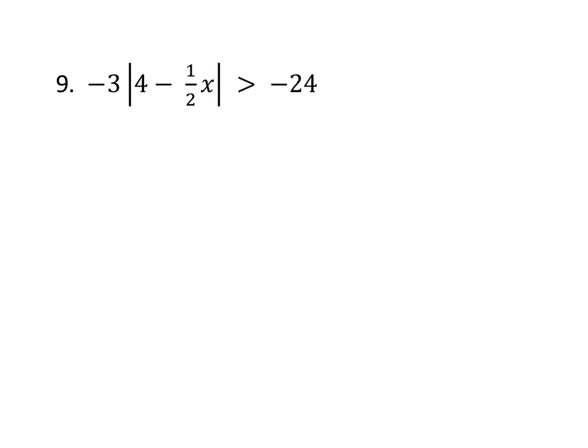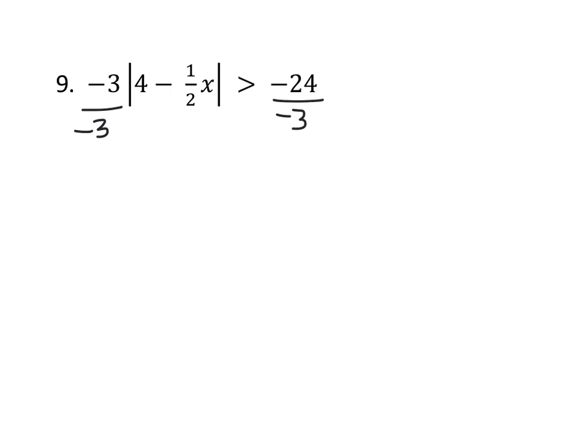Okay, just like when we were solving the equations, we're going to solve the inequalities the same way. We're going to isolate the absolute value expression before we break it out into its two parts. Alright, so the first step is to divide both sides of the inequality by -3.